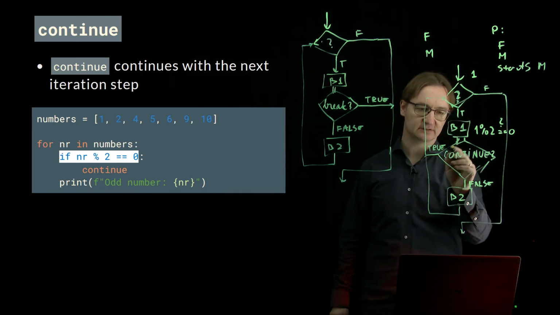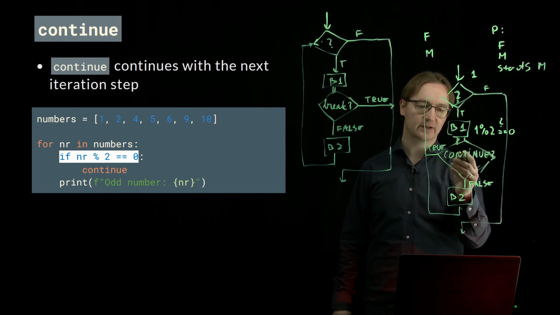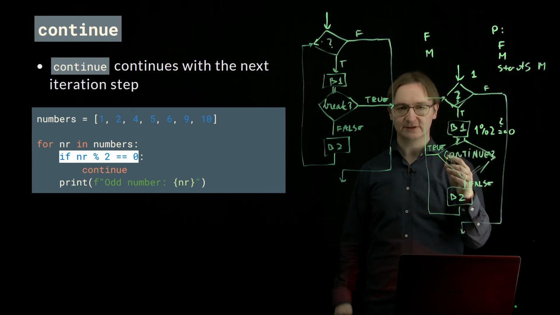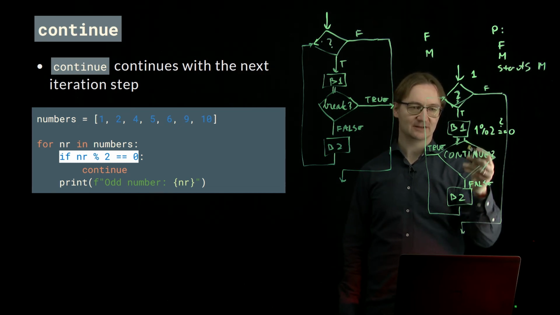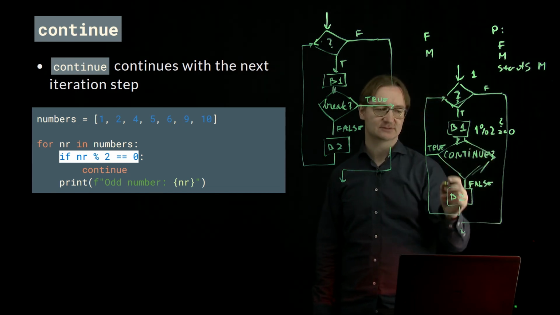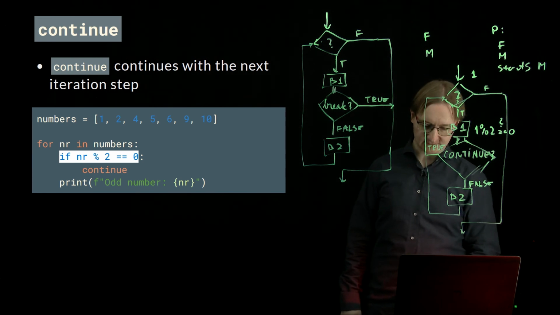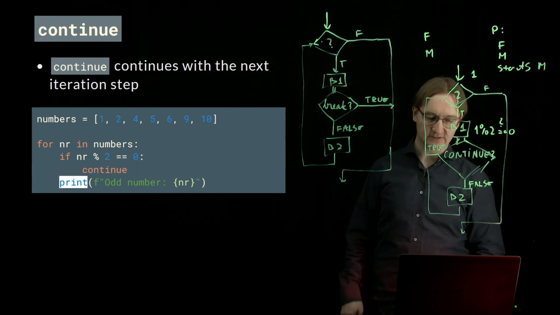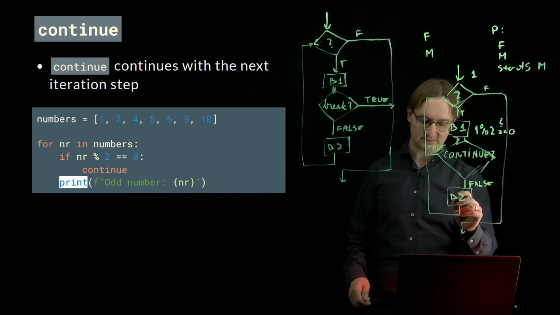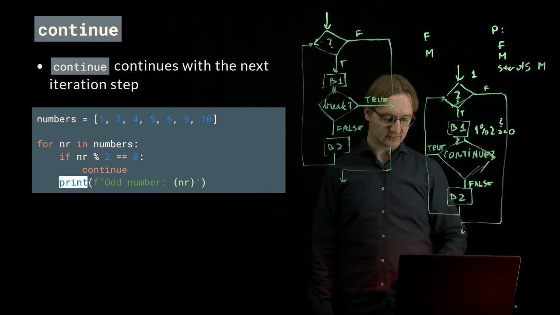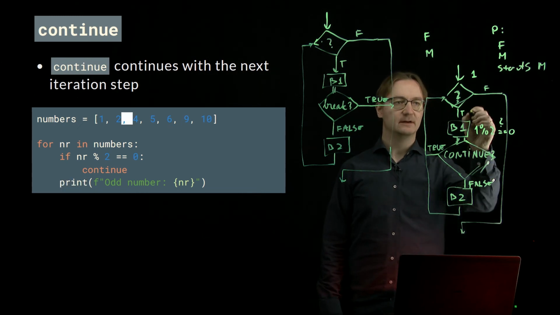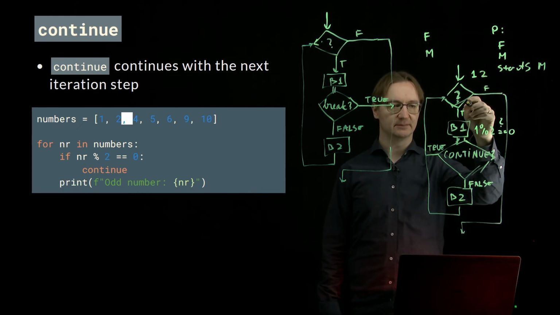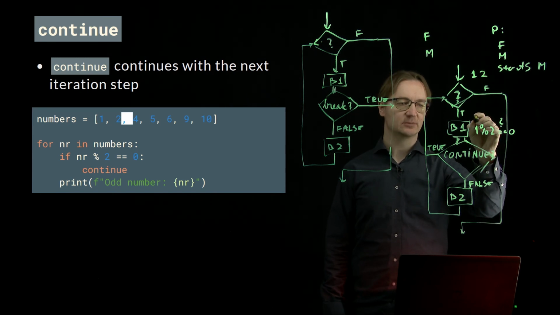So basically what this condition means is whether there is a continue in my code. In the case where the if statement is false, we don't execute this continue line and we continue with our body. So we execute this print line and we print out that the odd number is 1. Then I take the next one, 2. I take the element 2, and now I check whether 2 is an even number.